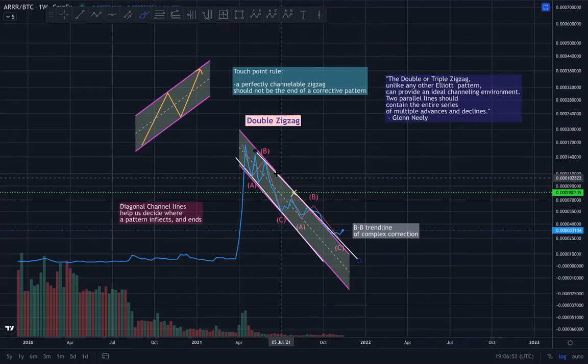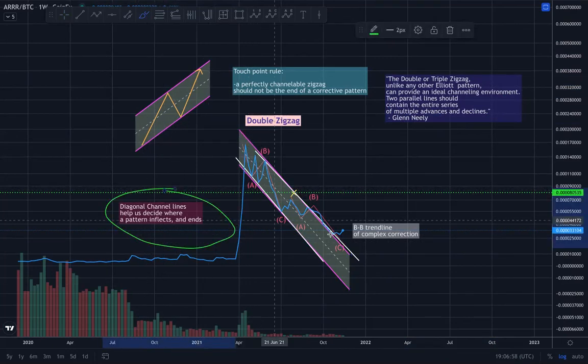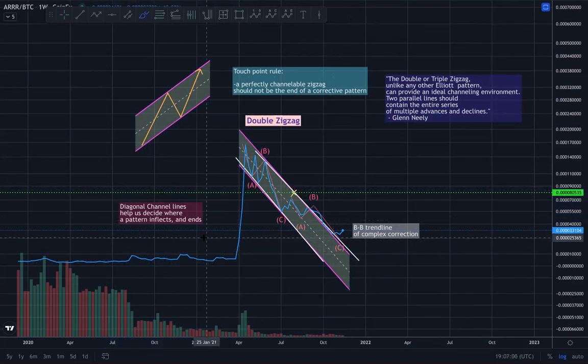And that's why I've got these white trend lines here, and also the pink, because the white ones relate to here, which has a bit more leeway, where it just says diagonal trend lines help us decide where a pattern inflects and ends. So you also look at where the significant trend line touches occur.